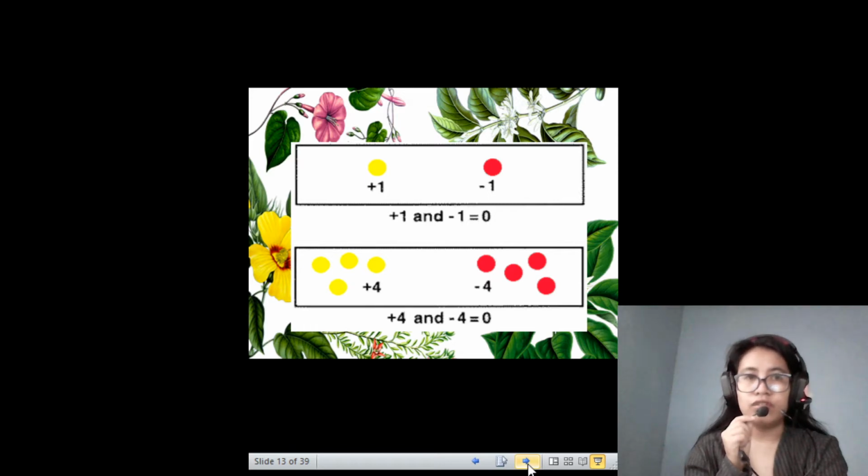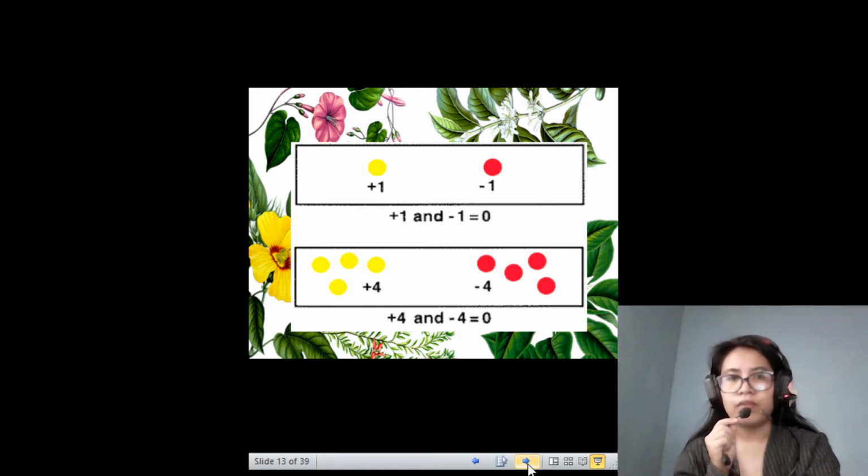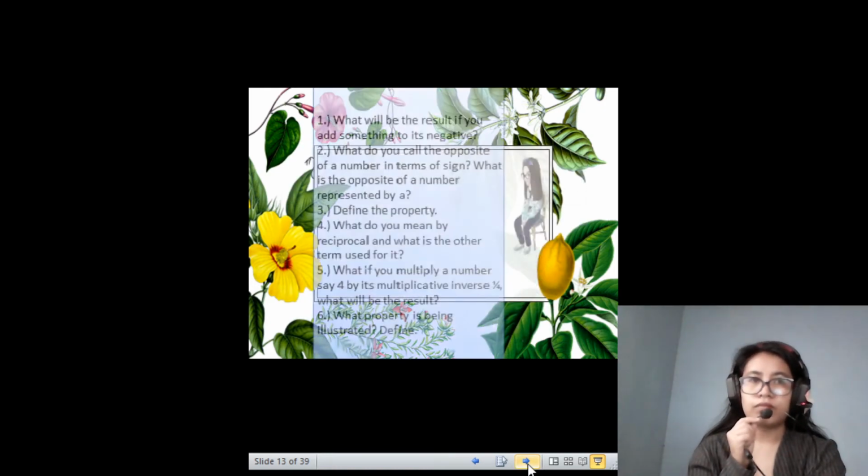Another illustration using the chips. If I have 1 yellow chip and 1 red chip, that means positive 1 and negative 1 is equal to 0. If I have 4 yellow chips and 4 red chips, that means positive 4 and negative 4 equals 0. Here are the questions.